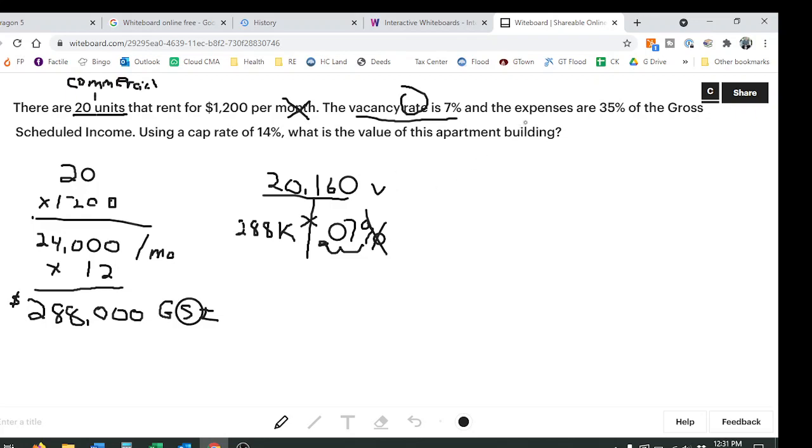So we have the gross scheduled income so far, and we have 20,160 for vacancy. But then it says there's expenses as well, 35%. I see that percent, so I can draw a T. Take the percentage away and move the decimal place 2 places to the left, so we have 0.35. And the gross scheduled income is 288K again.